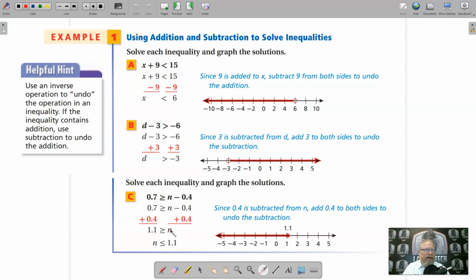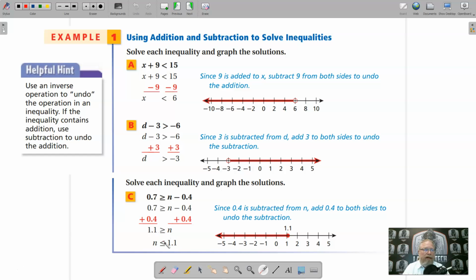Now, like I said, we talked about this in another lesson: if our variable were on the left instead of the right, we could use the symbol to tell us which way to draw the arrow. So what the textbook's done here is, instead of having 1.1 is greater than or equal to n, they flipped it around. The n is now on the left instead of the right. The 1.1 is on the right instead of the left. And notice they've also flipped the sign.